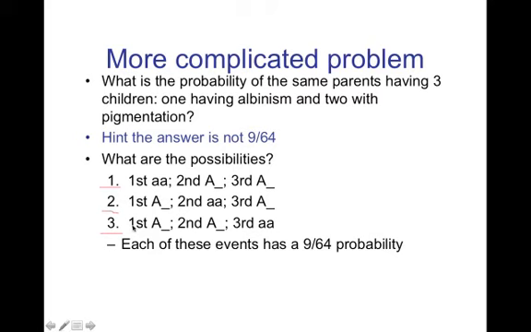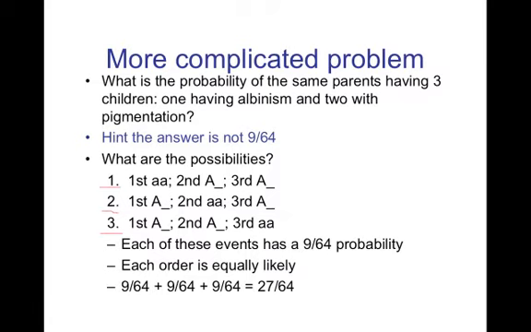But since each of these 3 events could occur, and each of them is equally likely, we add 9/64 plus 9/64 plus 9/64. So the correct answer is 27 out of 64, as shown here. It's very easy to forget about these different possibilities and just quickly put 9/64, but that wouldn't be correct. You have to put 27/64.